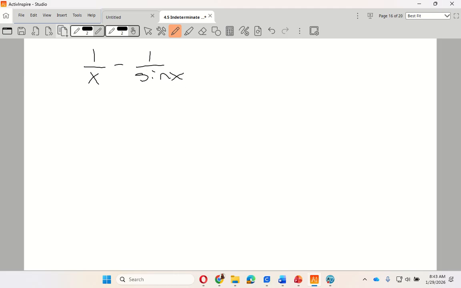So, can we make this into a common denominator? Yes. Multiply the left side of this by sine x over sine x. What about the right side over here? Multiply this side here by, what's missing from the denominator? x. x over x.